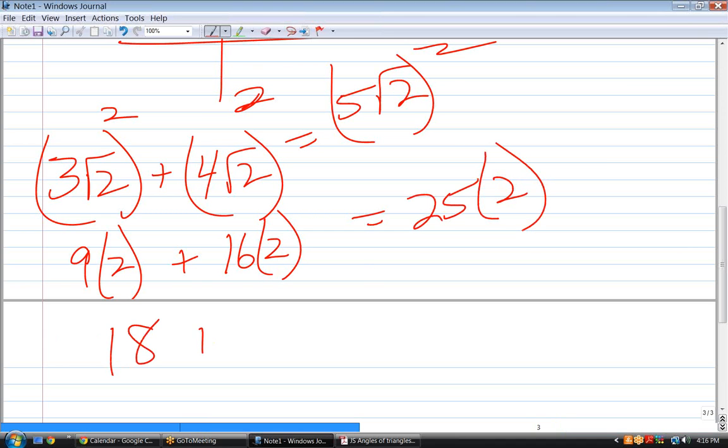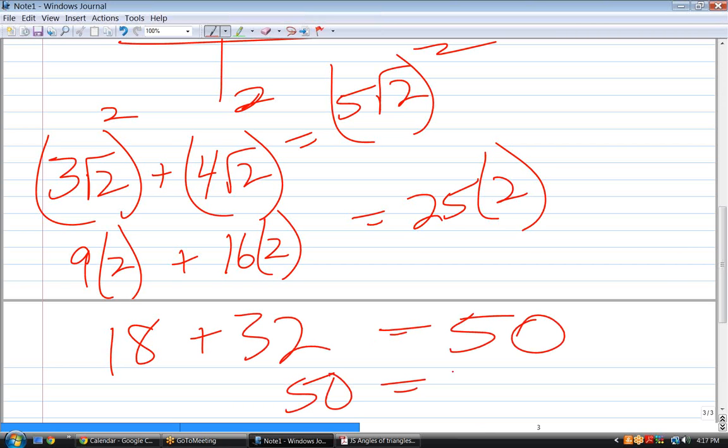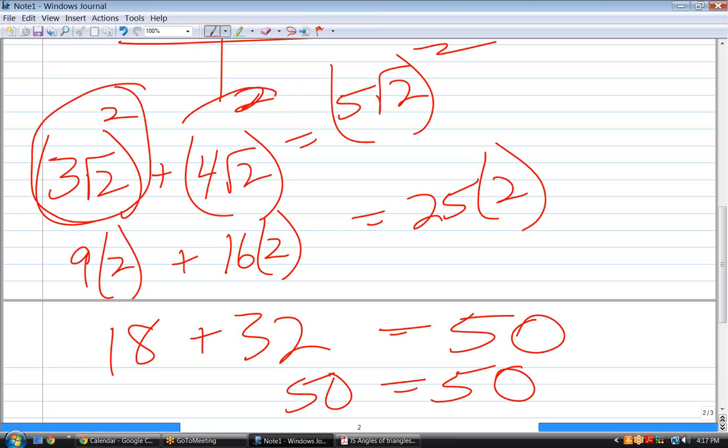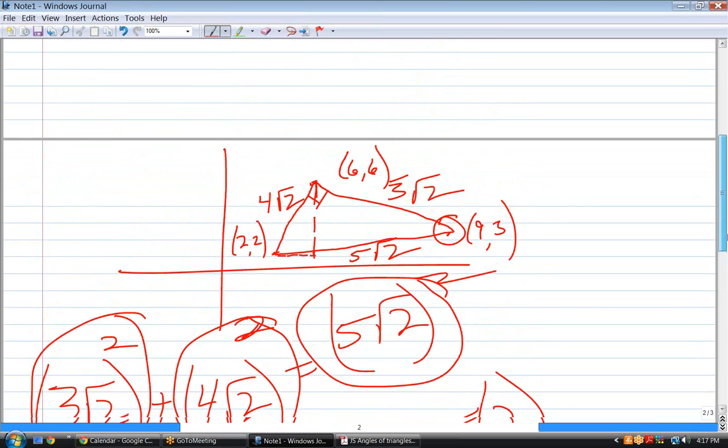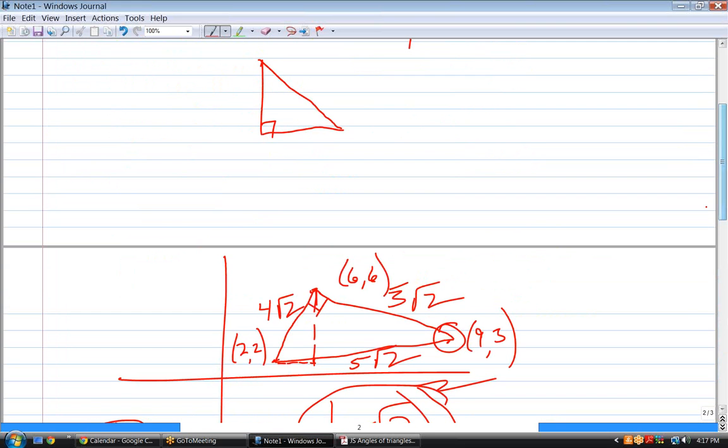This is 18, that's 32, that's 50. The fact that 50 equals 50 means that indeed one side squared plus another side squared was equal to the third side squared. So it is a right triangle. That makes it a right triangle.